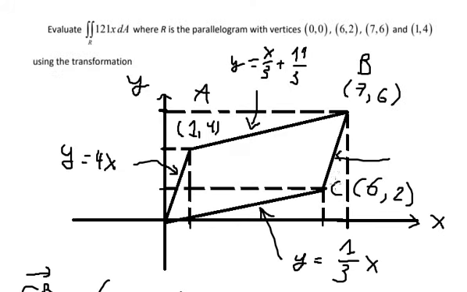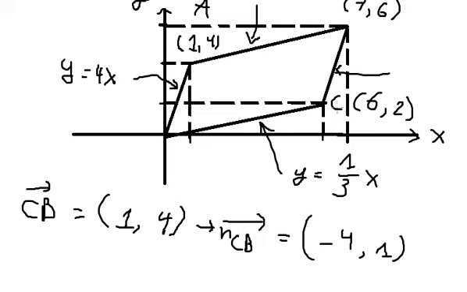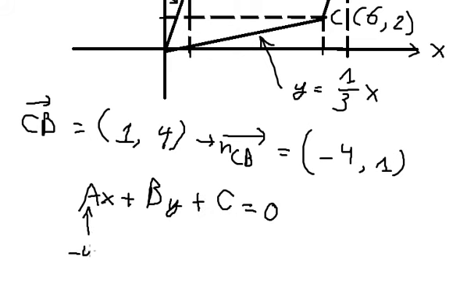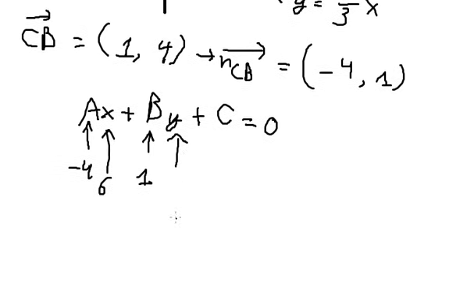So I will choose point C in here. So A is negative 4, B is 1, x is 6, y is 2. So we calculate this one.